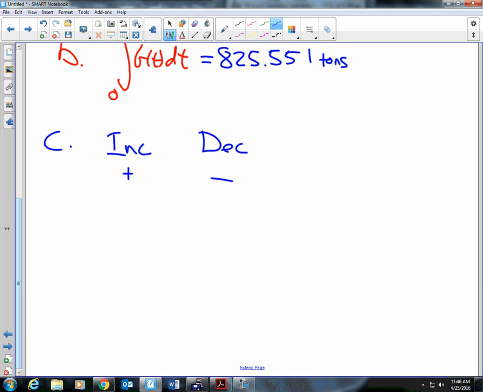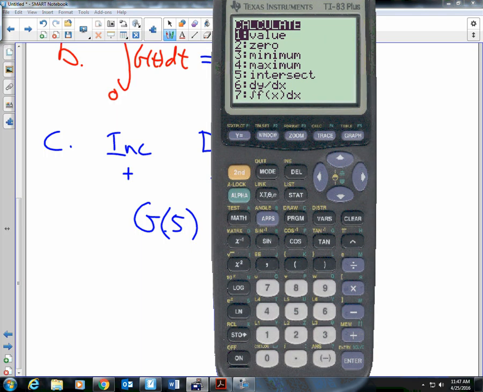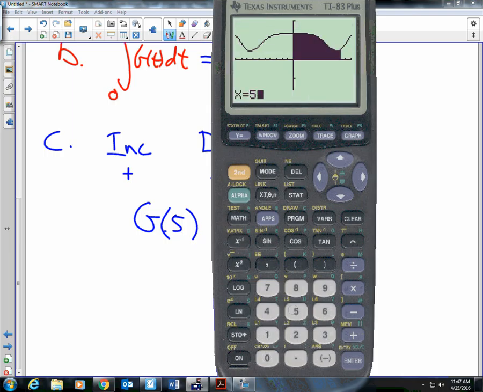So what I want to figure out is, when you consider G of 5, how does that compare to 100? Right? Remember how we start off at the beginning? If it's coming in at 90 tons per hour, is the amount going to be increasing or decreasing? It's decreasing. So we want to figure that out and compare it to 100. So I just have to calculate number 1 to the value at 5, and I get 98.14.